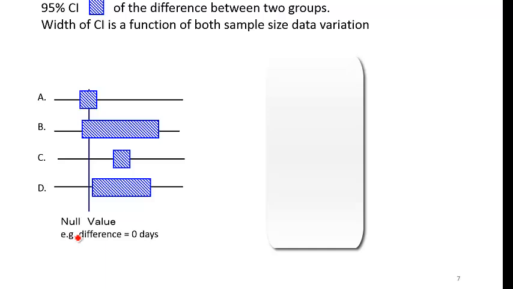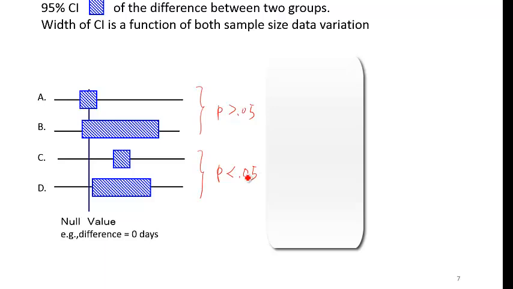In this situation, we're comparing the mean difference between two groups, so the null value is 0. Since A and B include 0, you conclude the p-value is greater than 0.05, and C and D exclude 0, and therefore you conclude the p-value must be less than 0.05.